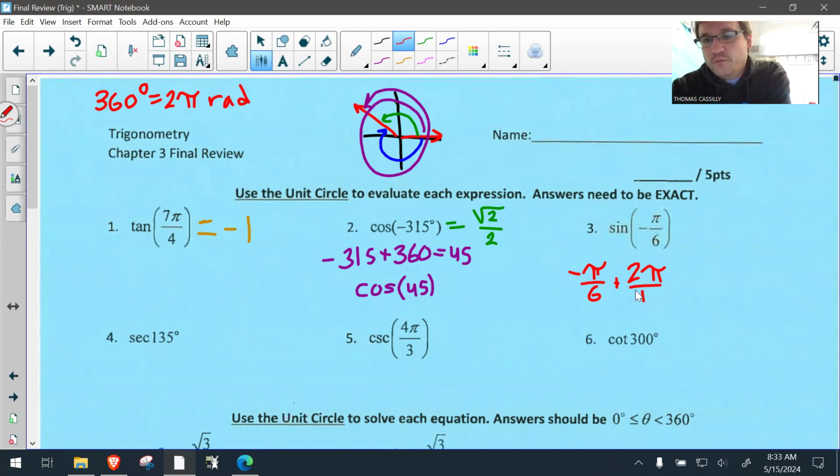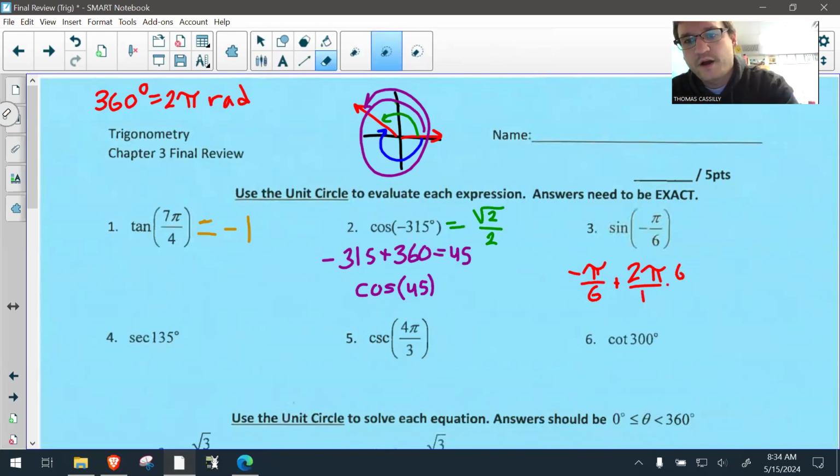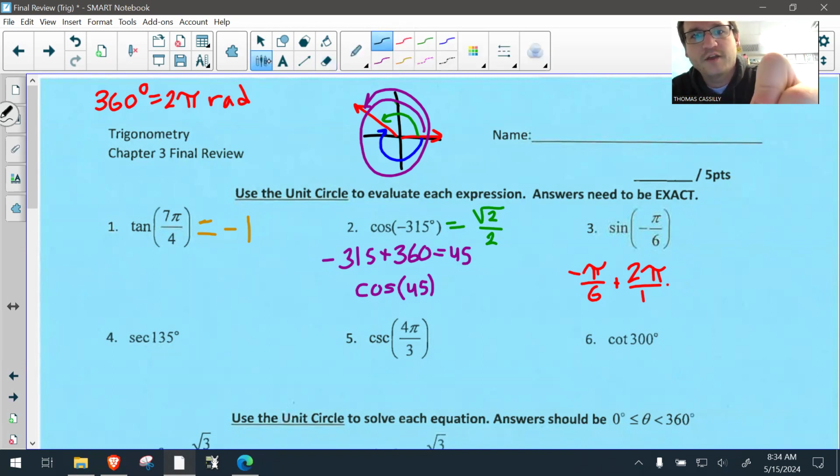So to find the coterminal angle here in radians, make sure you are comfortable with your fractions. We need to get a common denominator, so I'm going to multiply the top and the bottom by 6 so I can match those denominators. So this whole thing turns into 12 pi over 6.